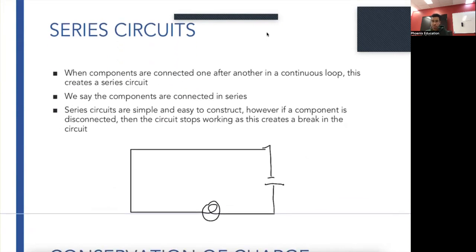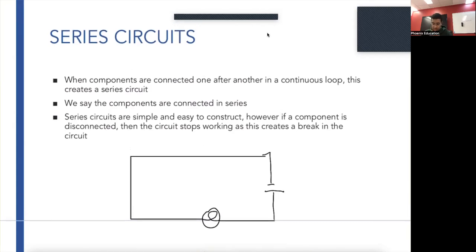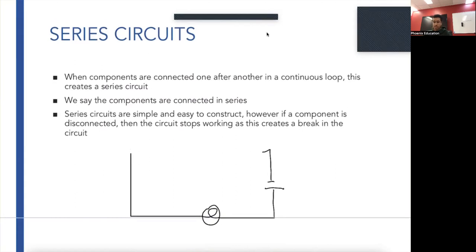These are really simple circuits to construct because all you need is one wire, a battery, and a lamp. But the problem with these circuits is that if there's a break in the circuit, say the wire is faulty and there's a break like that, no current can actually flow anymore. Therefore, this light bulb won't be able to turn on. That's a disadvantage of a series circuit.